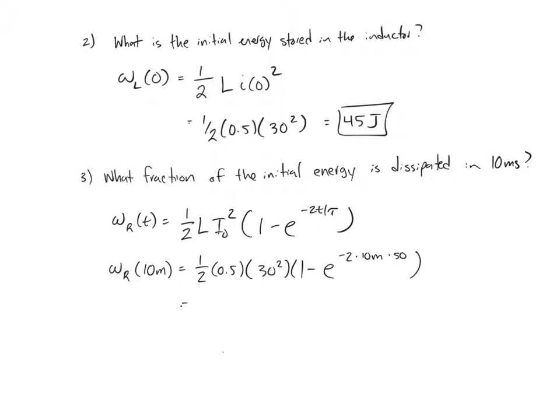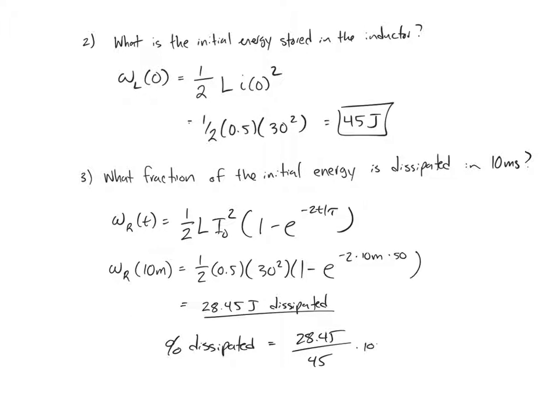So that energy works out to be 28.45 joules dissipated at 10 milliseconds. So the percent dissipated then is simply given as 28.45 divided by 45 times 100%. We could do this as a fraction as well, like I actually asked for. Either way, this works out to be 63.2% of the total energy has been dissipated after 10 milliseconds.